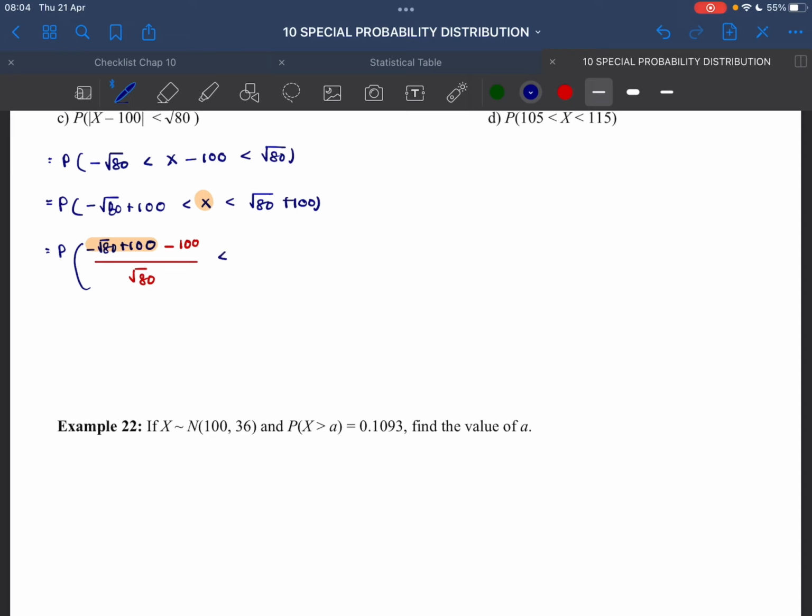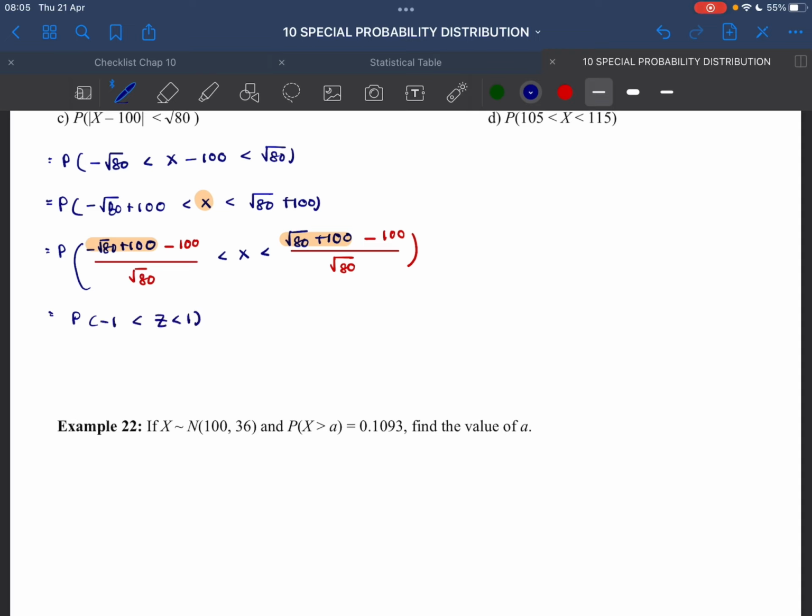And then here we have the same thing: square root 80 plus 100, which is our X, and then we have to minus by 100, which is the mu, over square root 80. Okay, simplify that, you should get P(-1 < Z < 1).